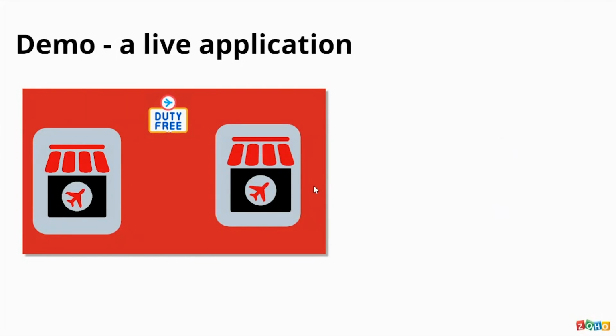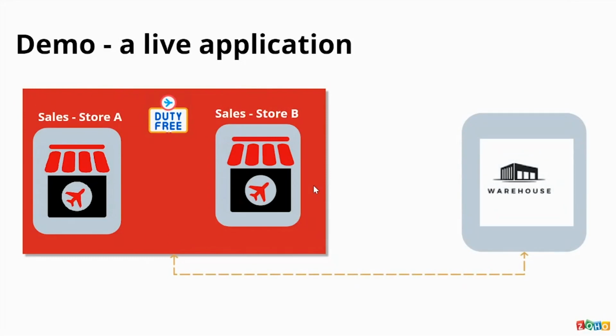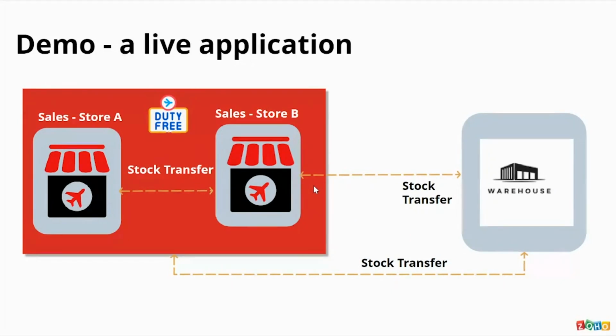Assume that this duty free shop has 2 selling points, store A and store B, and it also has a warehouse, the airport bonded warehouse. So stock transfer can happen between 2 different stores, or between a store and a warehouse. In this demonstration, I'll explain how the stock transfer happens between a store and the warehouse.